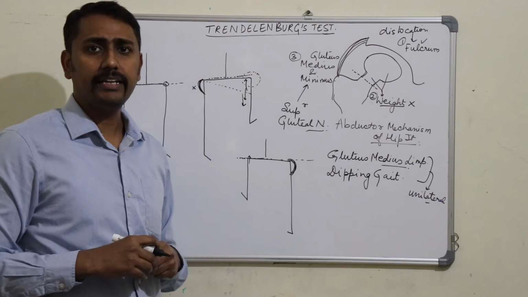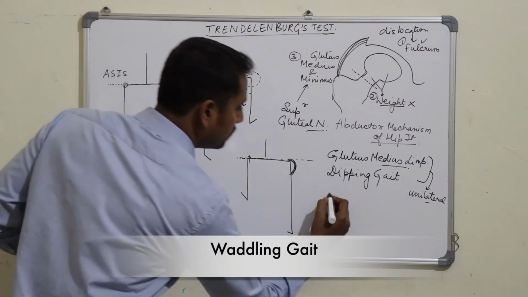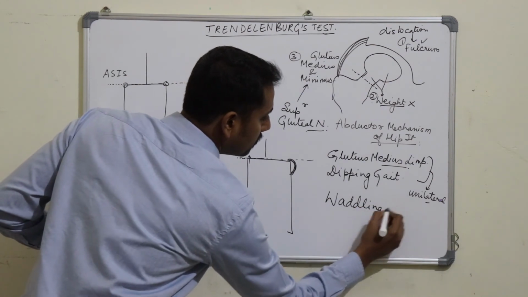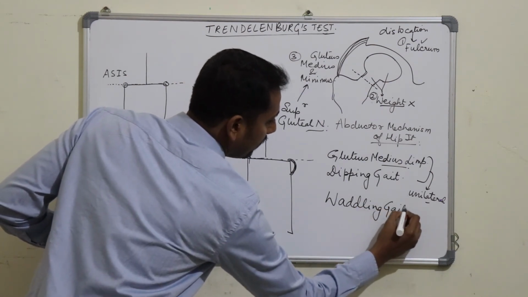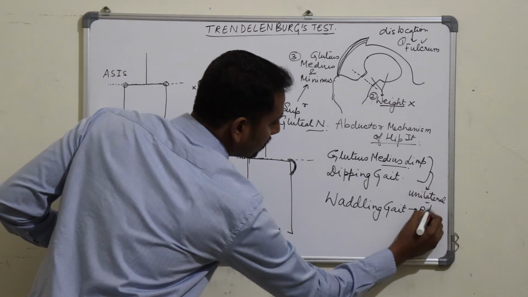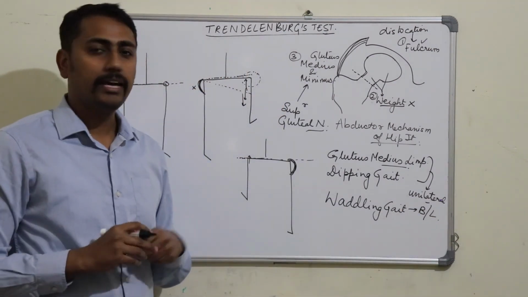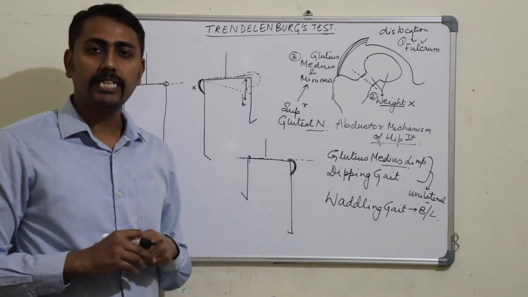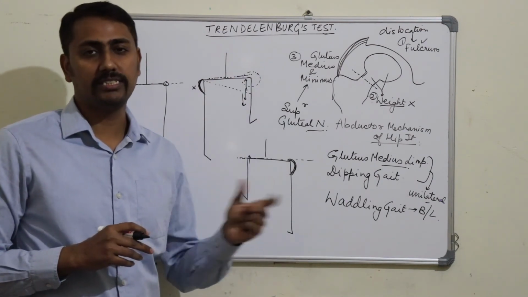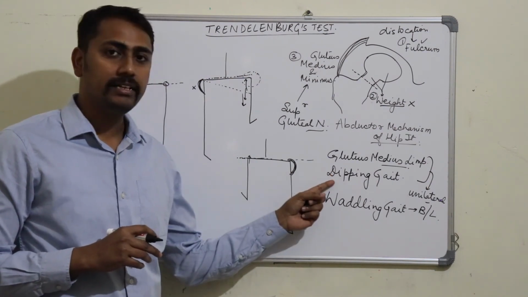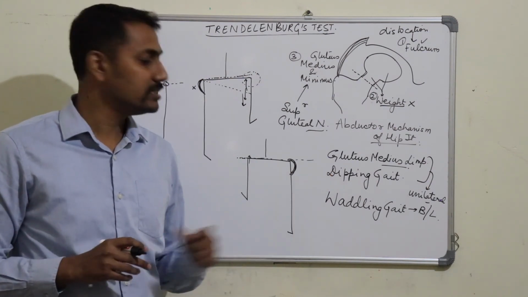This peculiar gait is known as waddling gait, and the waddling gait occurs in bilateral injury. So remember, in a positive Trendelenburg test, there is a fall of the pelvis on the opposite side, and the unilateral limp is known as dipping gait, and the bilateral limping gait is known as waddling gait.